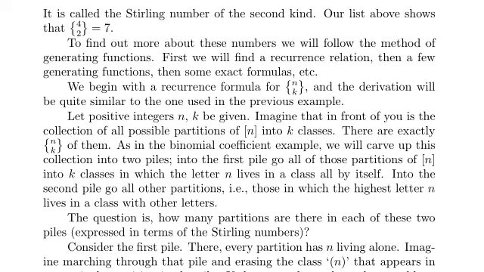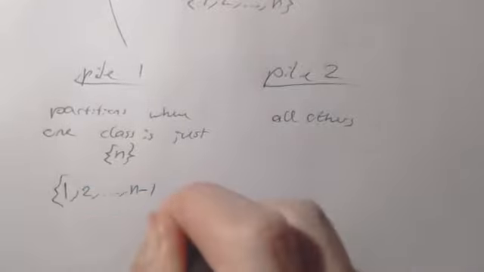So partitions where one class is just n, well, the first n minus 1 numbers, all of the other classes in one of these partitions, the union of them all must be this set. So what we're going to have here is partitions of n minus 1 into k minus 1 classes.